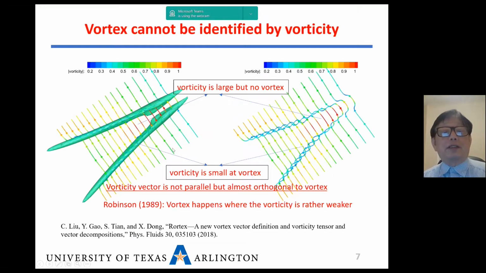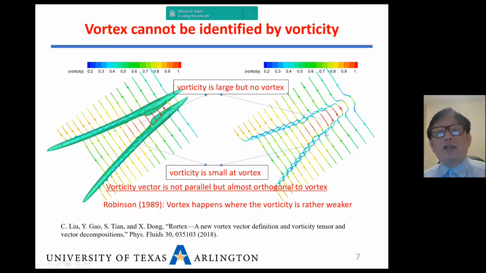We look at this vortex isosurface and vorticity lines. We will find the green tube is the isosurface of vortex. The lines are vorticity lines. So the vorticity is larger outside the vortex. Inside the vortex it is rather small.